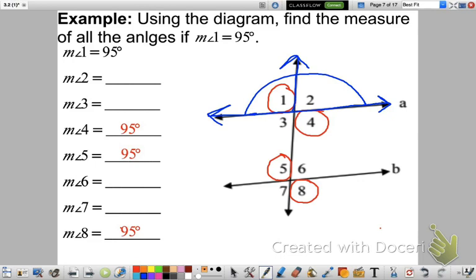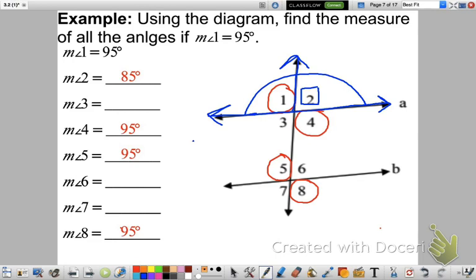Hopefully, you are thinking that they are adjacent and supplementary. That means that we can subtract 95 degrees from 180, and that'll give us the measure of angle 2. So 180 minus 95 is 85 degrees.